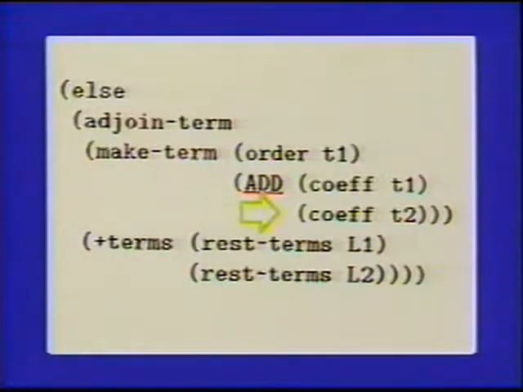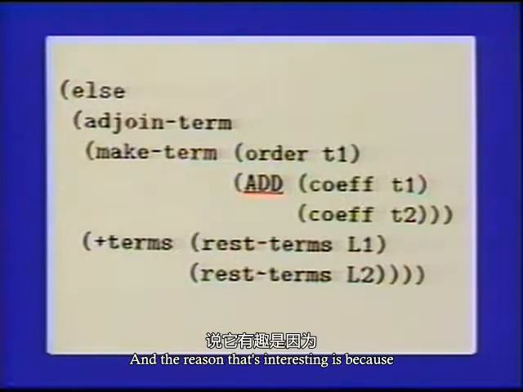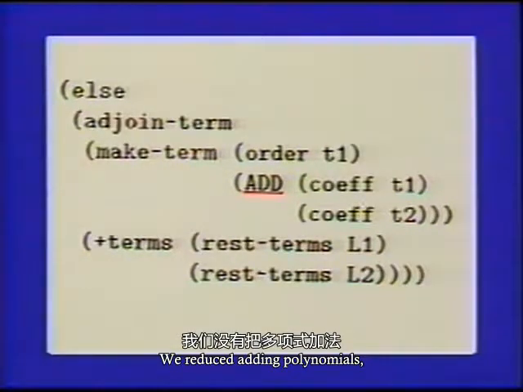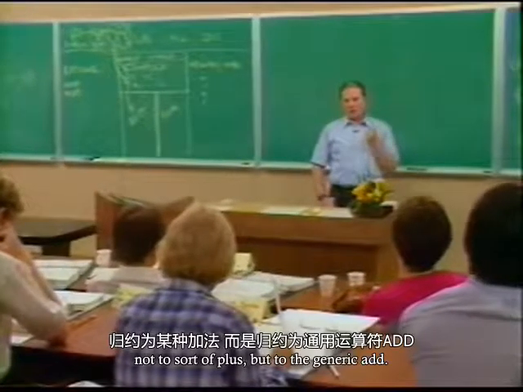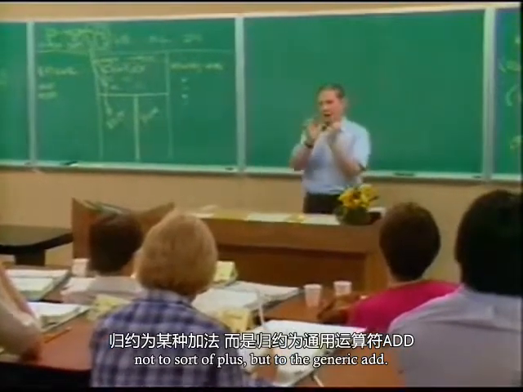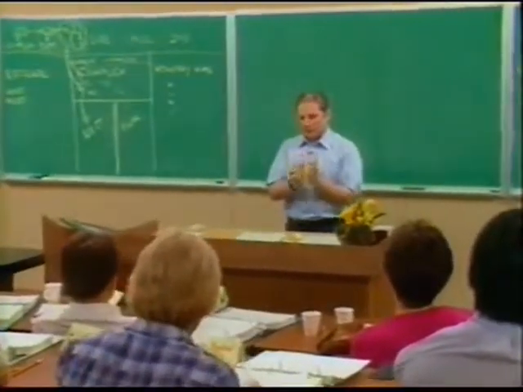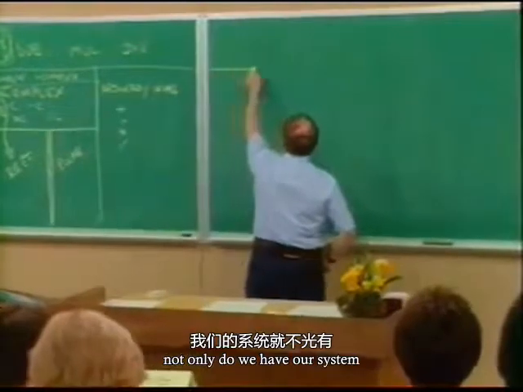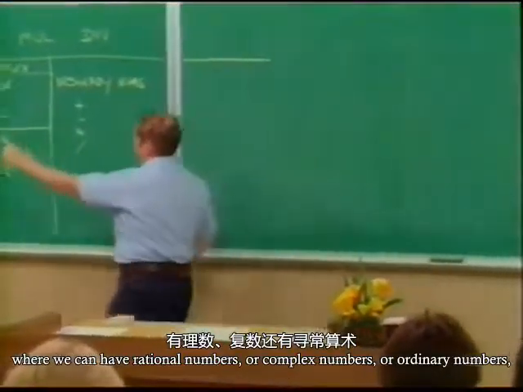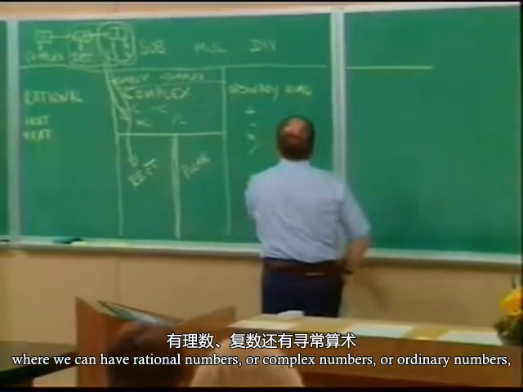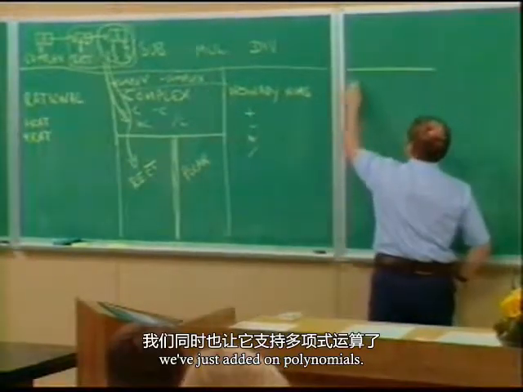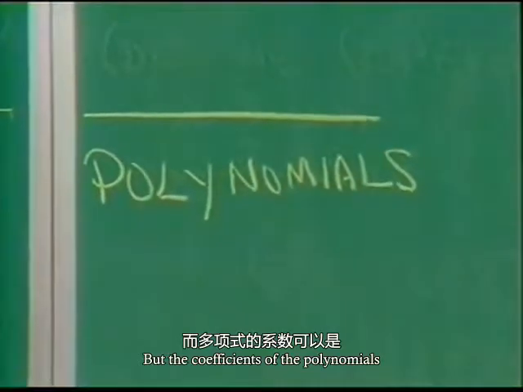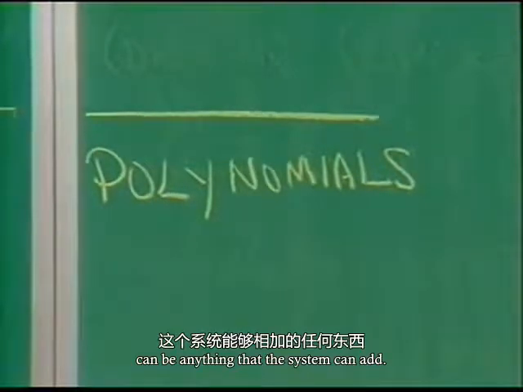And the reason that's interesting is because something completely wonderful just happened. We reduced adding polynomials not to plus, but to the generic add. In other words, by implementing it that way, not only do we have our system where we can have rational numbers or complex numbers or ordinary numbers, we've just added on polynomials, but the coefficients of the polynomials can be anything that the system can add.